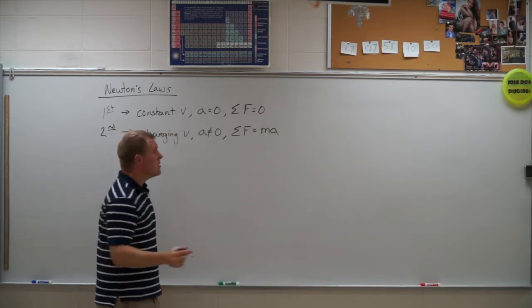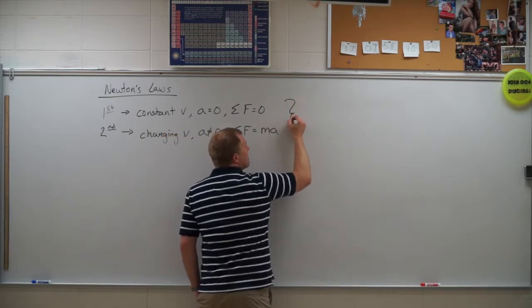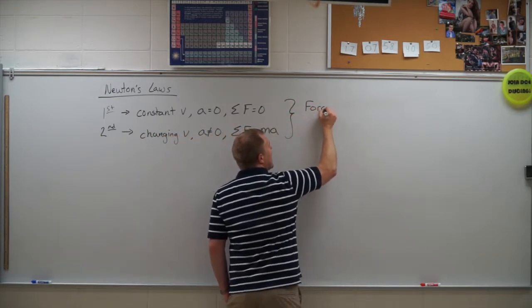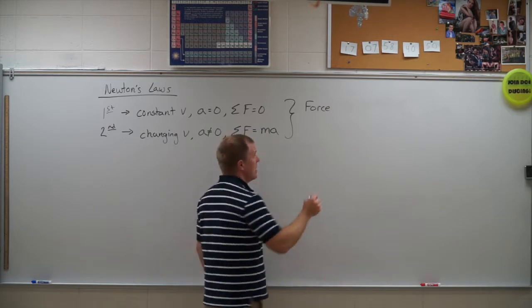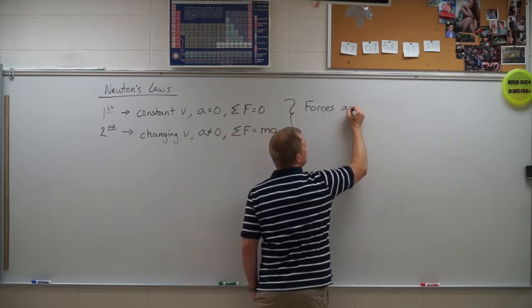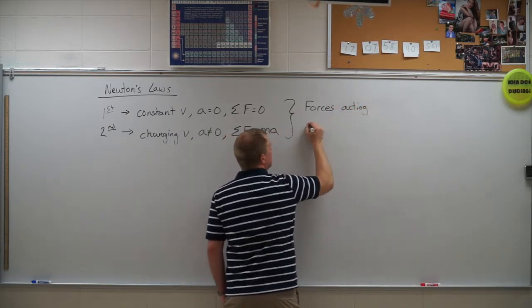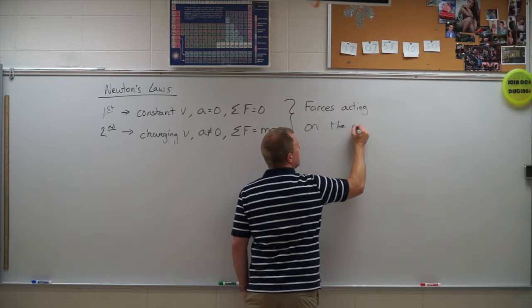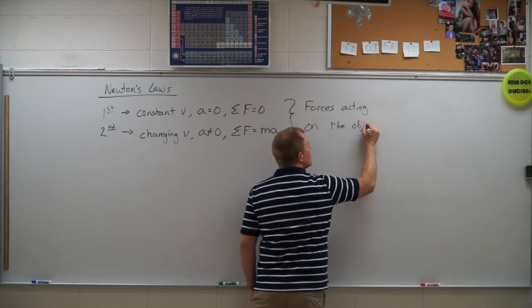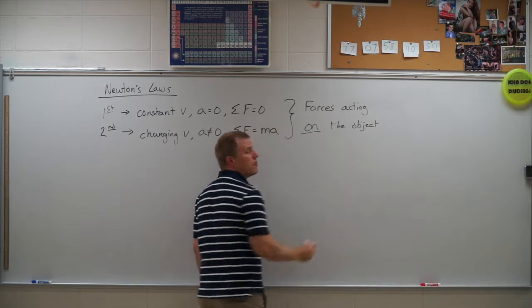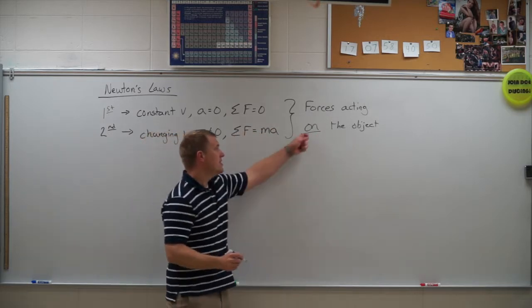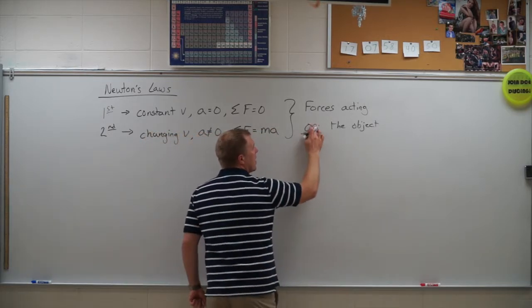Now in both of these laws, we are looking at the forces acting on the object, and that's important. Because that's what leads us to the difference between the first two laws and the third law: this is the forces on the object.